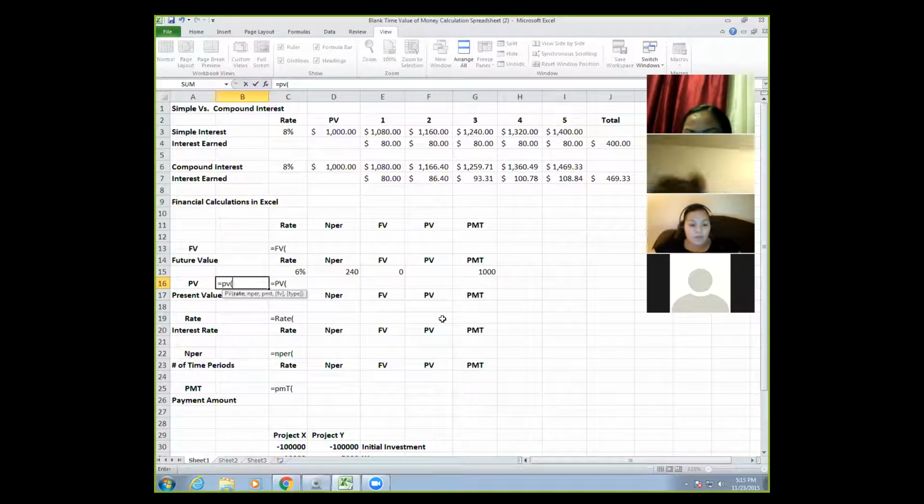So let's see here. Rate, comma, NPER, comma, payment, comma, FV. Let's see if I did this right. That does not seem correct. 16,600.